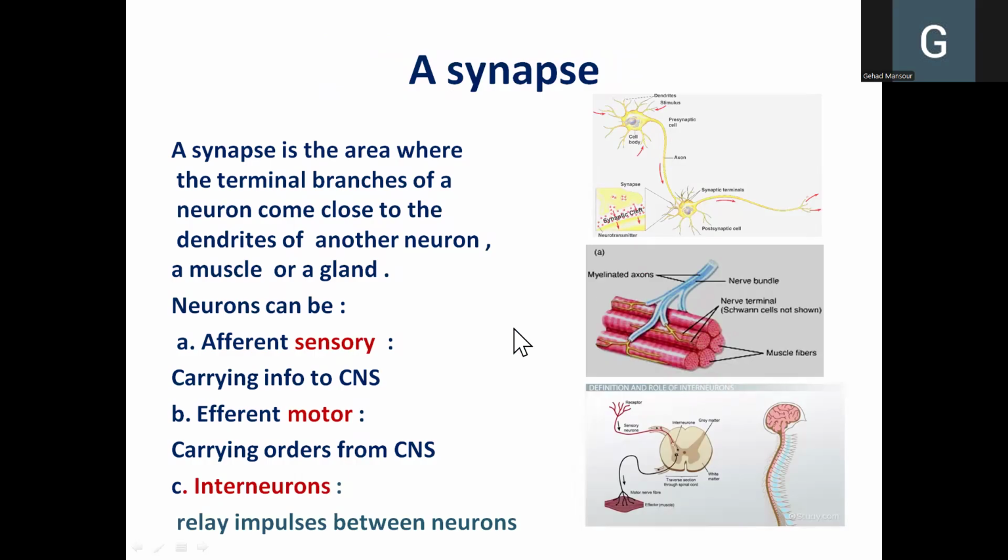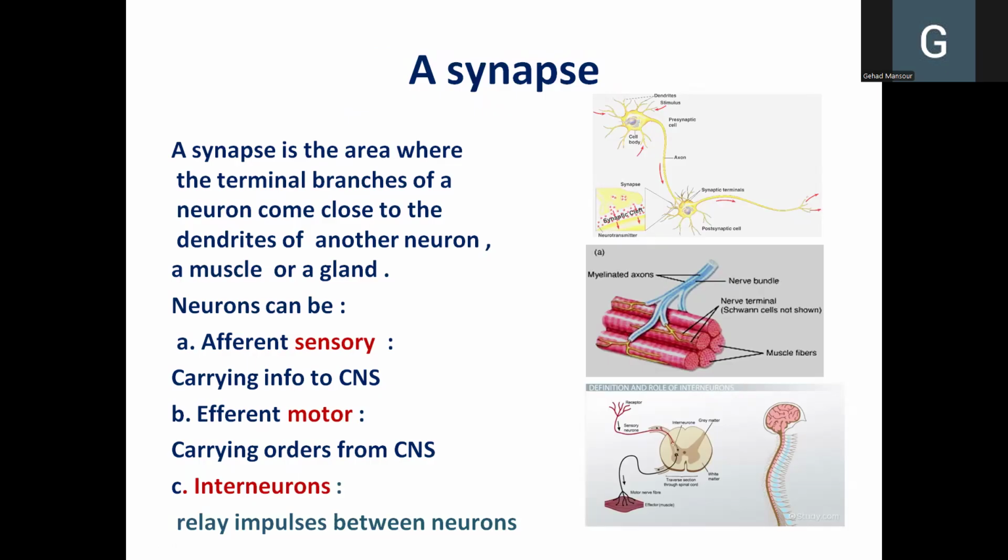Muscle fibers and glands are called effector organs, okay? Of course, as you know, the neurons can be sensory or motor. If a neuron carries impulses to the central nervous system, then it is an afferent neuron.